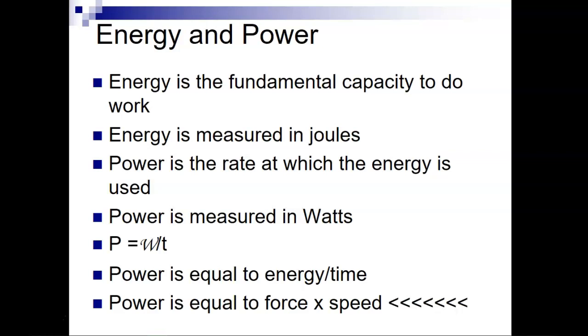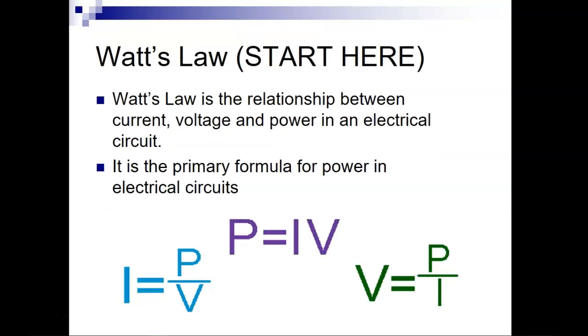All right, so power is equal to energy divided by time, and is equal to force times speed. What we're trying to look at is the relationship between current, voltage, and power in an electrical circuit. The primary formula is P is equal to voltage times current.